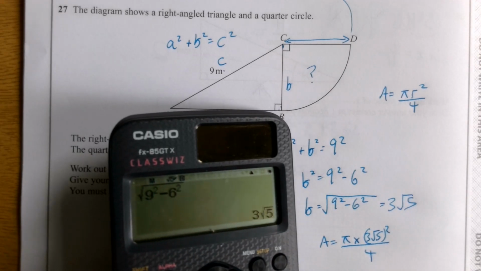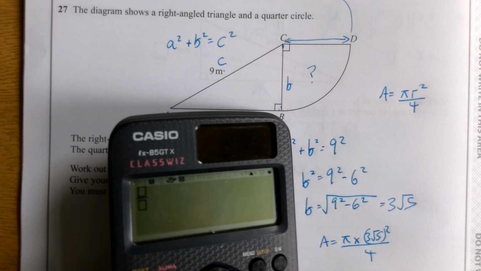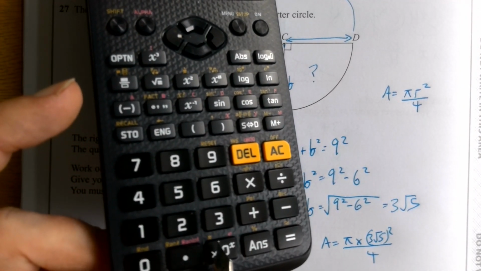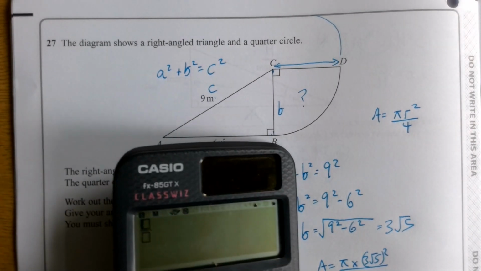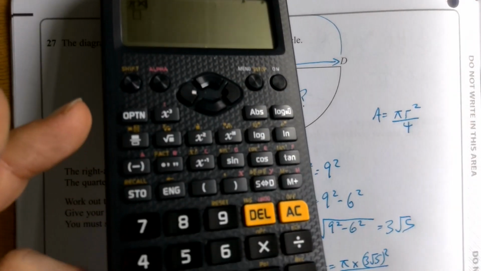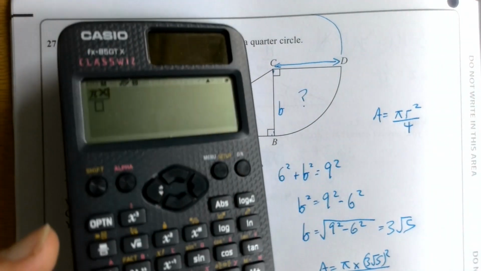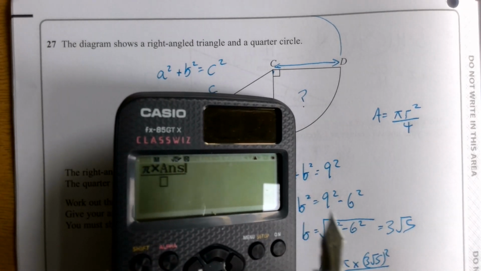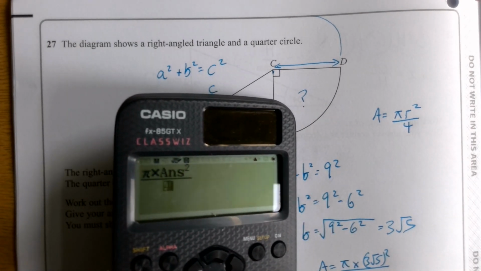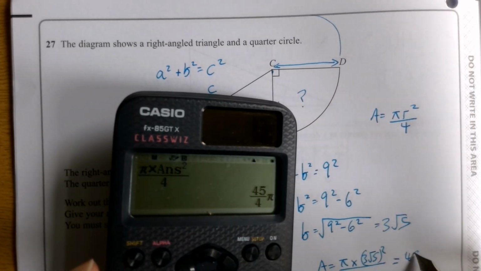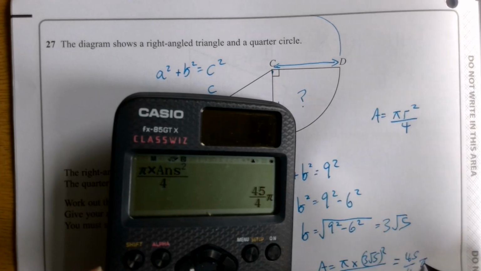If I now press the fraction key, put in pi, which is shift and down here, because that's the pi symbol, shift pi times. Now instead of writing that stuff, I just press the answer key, which is down there, and then do that squared over 4 and press equals, it gives me 45 over 4 pi.